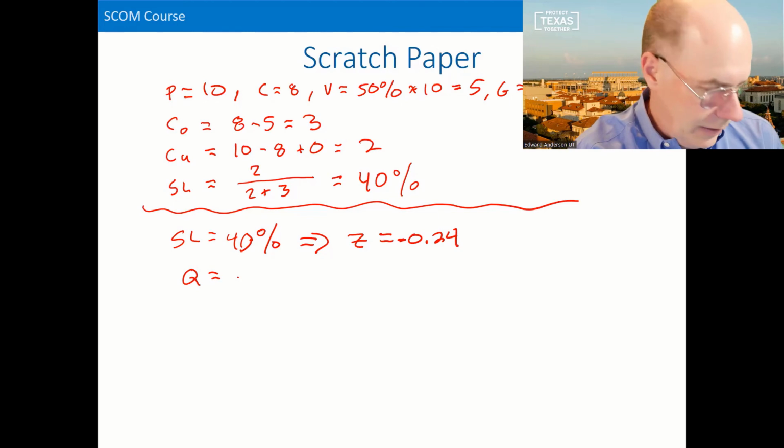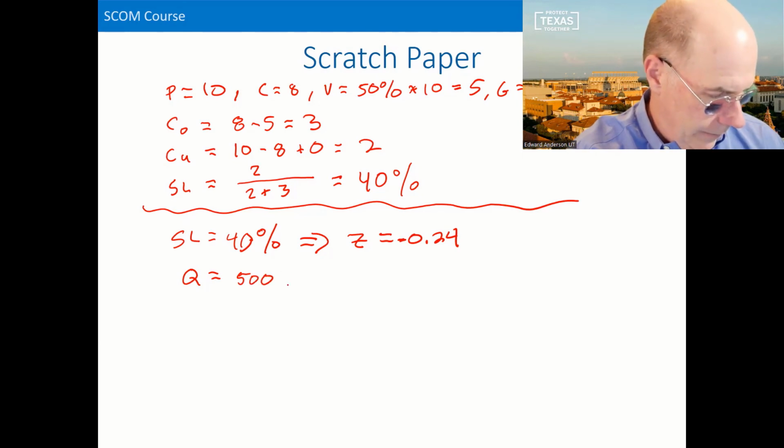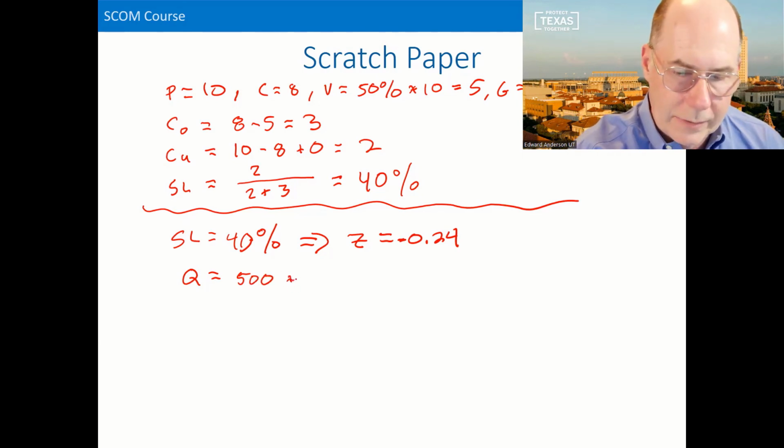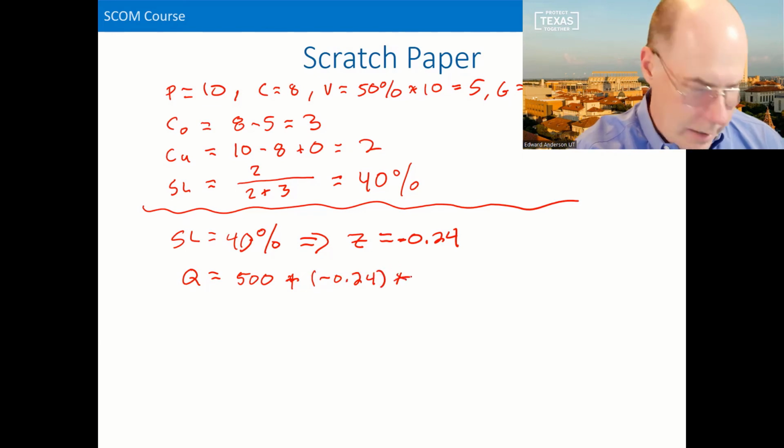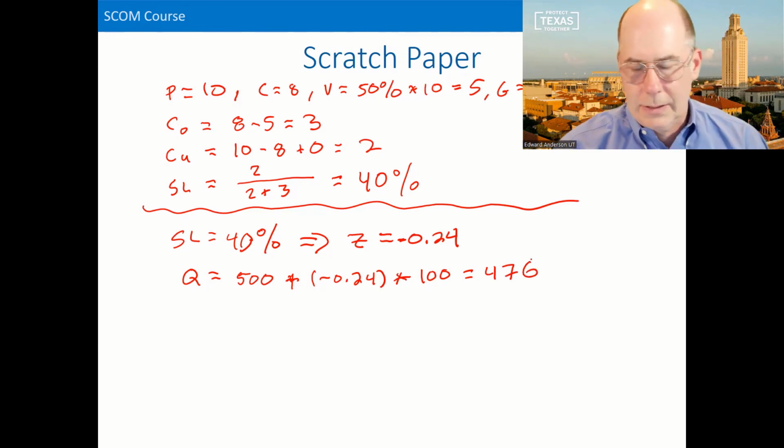And so the order quantity we want is going to be 500 plus minus 0.24 times 100, which equals 476.